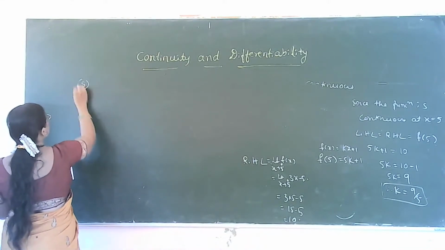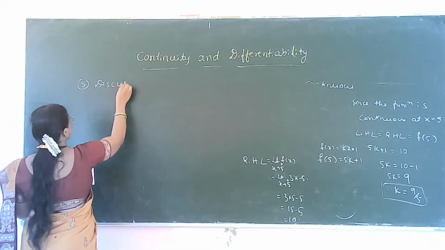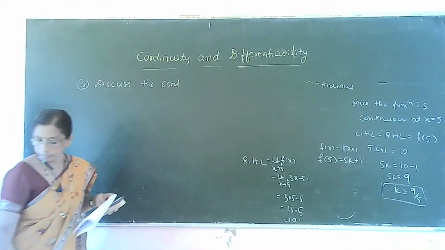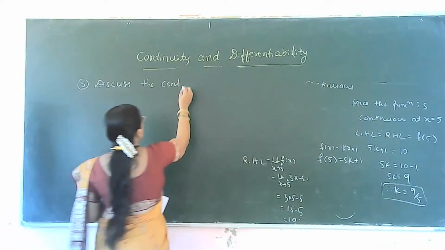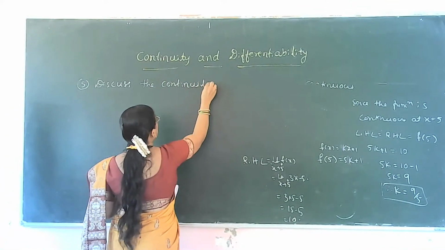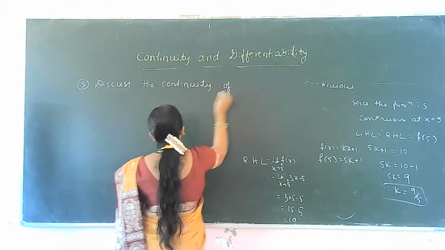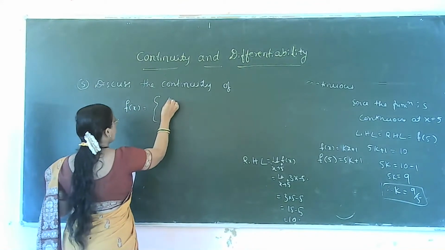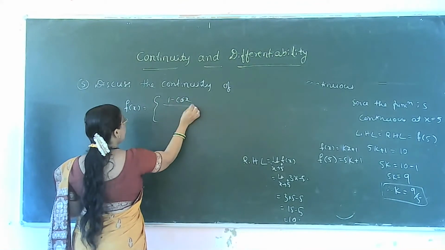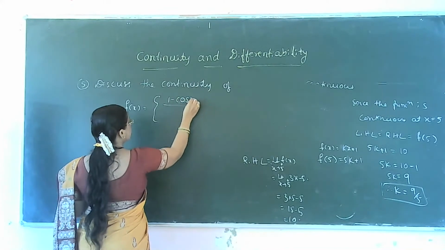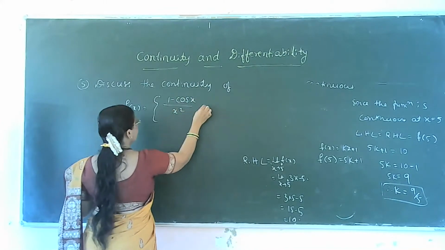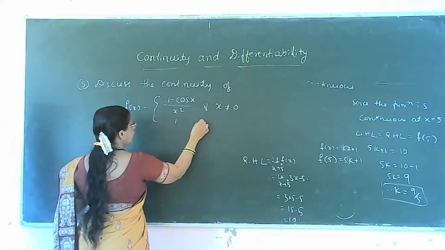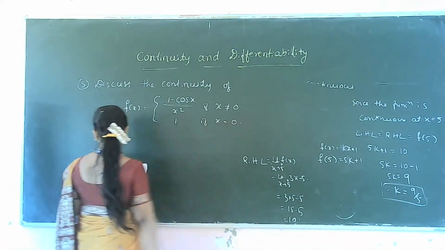Discuss the continuity of f of x, which is equal to 1 minus cos x divided by x square if x is not equal to 0, and 1 if x is equal to 0.